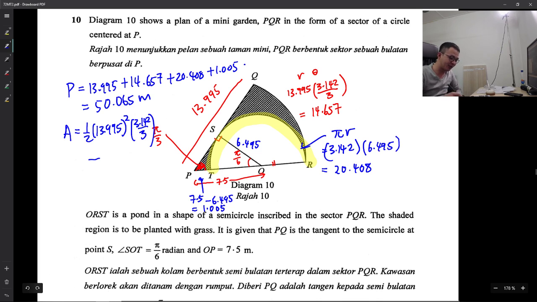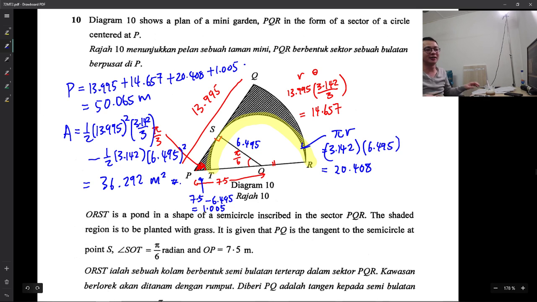Minus the semicircle. Semicircle will be half pi r square, half pi times 6.495 square. Then you just minus it and use the calculator. You should be able to easily get the answer for it. Should be 36.292 meters square.